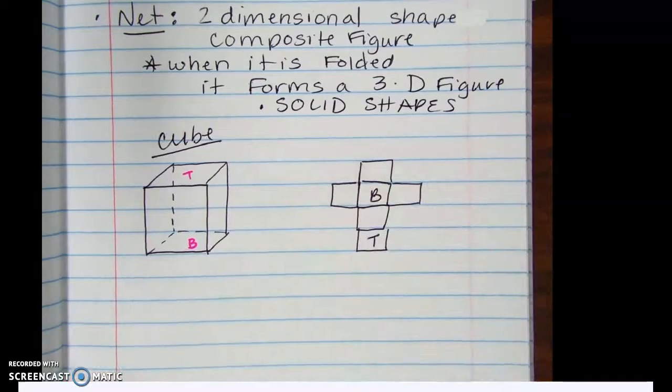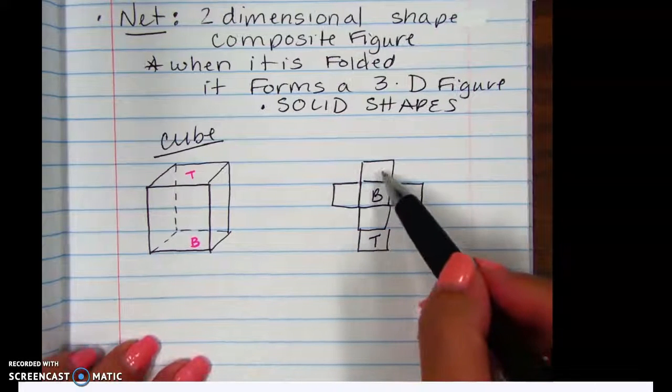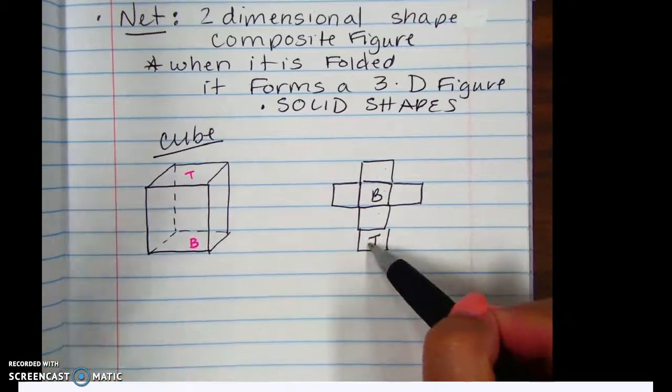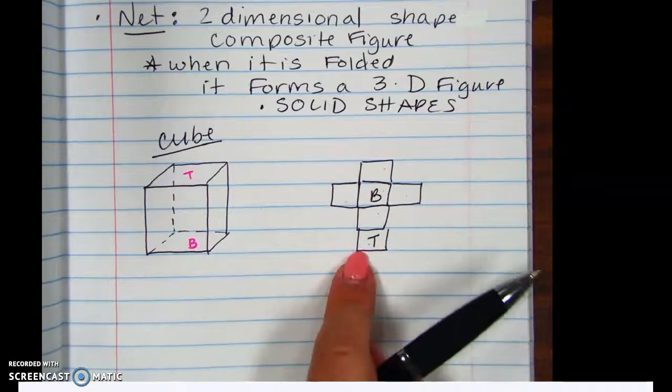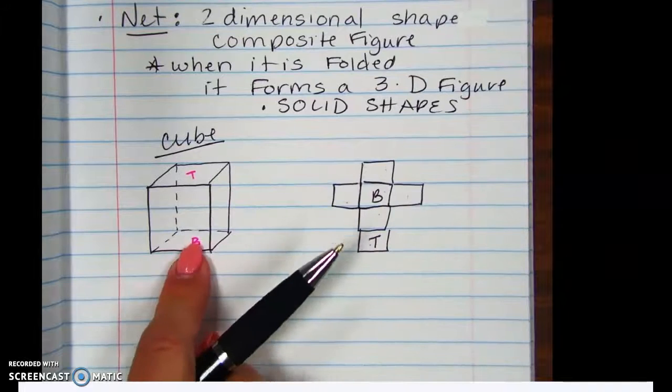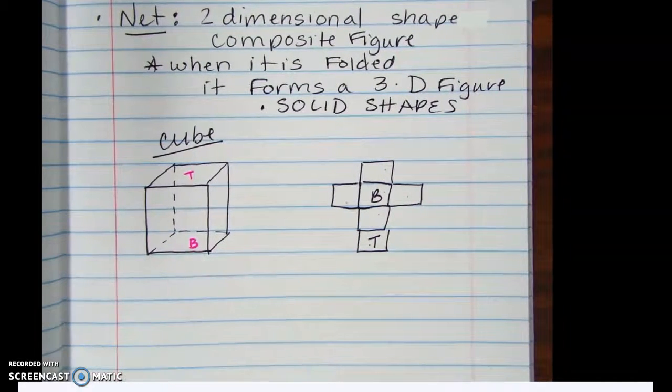Now, if we can recall from what we had said the other day when we were analyzing our 3D shapes, how many faces and bases does a cube have? Well, 4 faces, 2 bases for a total of 6. So let's see, 1, 2, 3, 4, 5, 6. Okay, so actually this has now been cut open to form this.